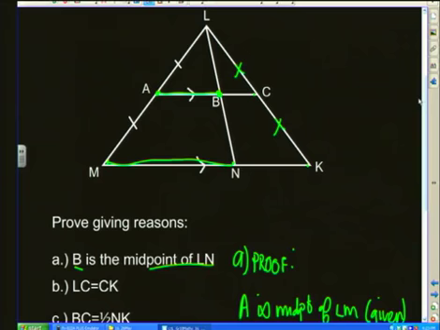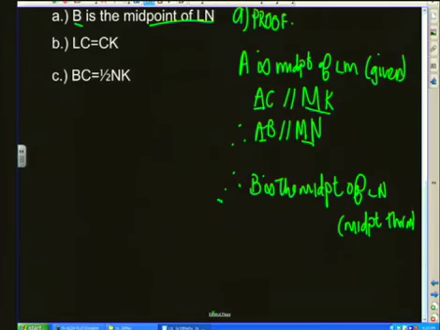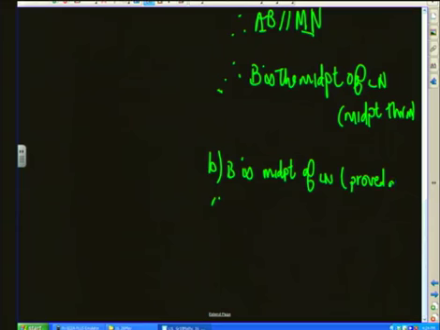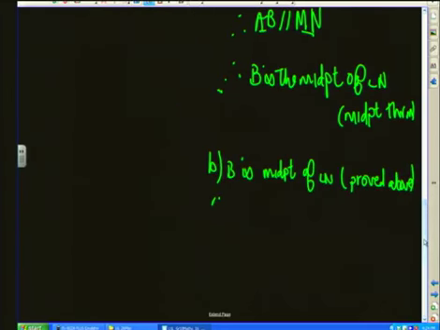Well, we're going to use the fact that B we've just proved is the midpoint. So for part B, we've just proved that B is the midpoint of LN. So that was proved above. And we know that BC is parallel to NK.